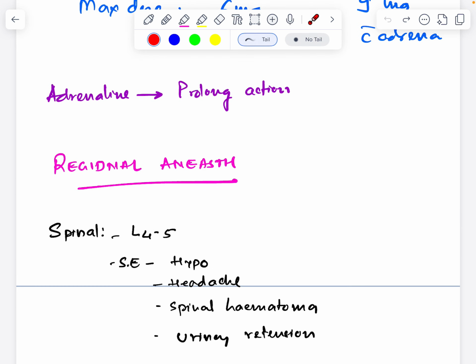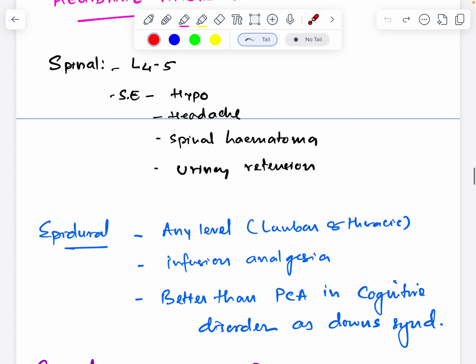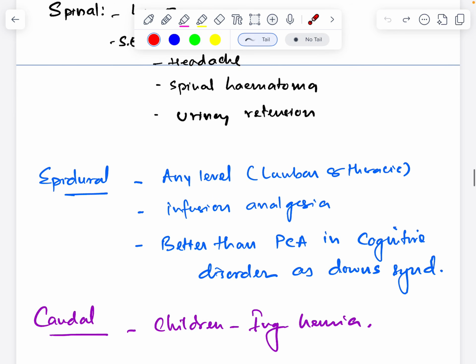Regional anesthesia. Spinal at the level of L4-5. Side effects are hypotension, headache, spinal hematoma, urinary retention. Epidural, any level, lumbar or thoracic.